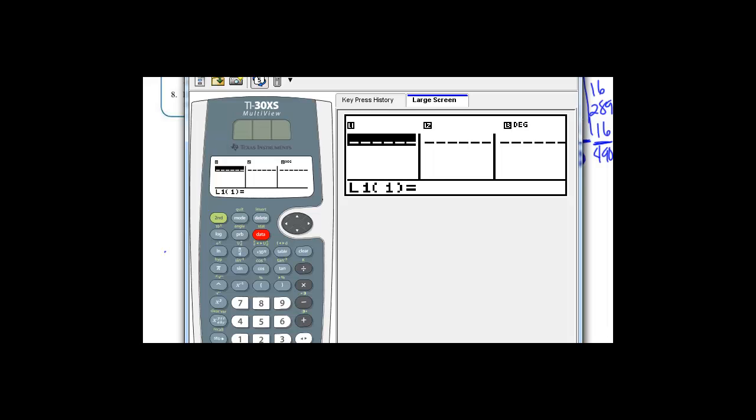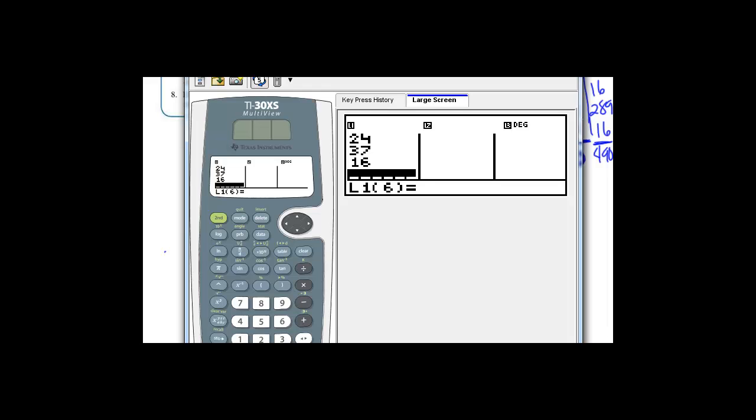Our lists are going to be the pieces of data that we've just calculated. So 8, and you can use your arrow key or enter, 15, 24, 37, 16. Okay, and that's our complete list.